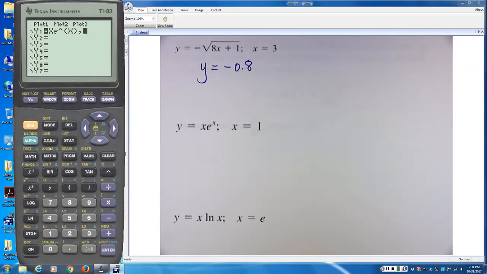Delete, because all I want there is the function. Then I'm going to go to the window. I need to make sure I can see 1, so from negative 2 to 5 I'll be able to see 1. So I'm going to go to zoom 0, which fits the window to these x values I showed you.